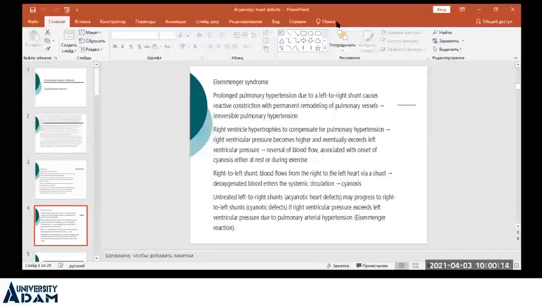Right ventricle hypertrophy to compensate for pulmonary hypertension goes on, right ventricular pressure becomes higher and eventually exceeds left ventricular pressure. It causes reversal of blood flow associated with onset of cyanosis either at rest or during exercise.